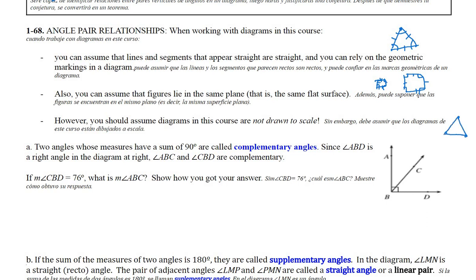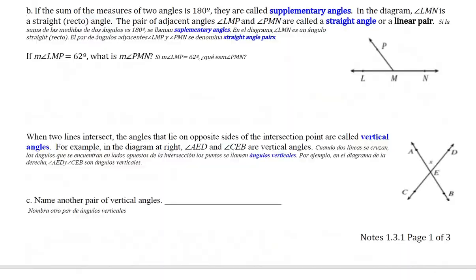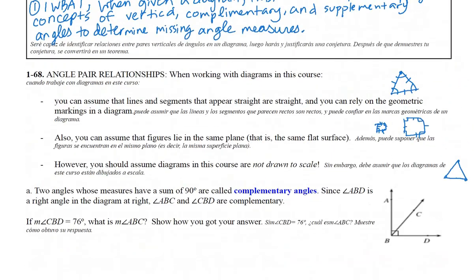Without the markings, I can't say that. I know it's a triangle, I know it has three sides, I know the sides are supposed to be straight, but unless I show you those markings that tell you the sides are the same length, you can't assume that, which is going to be important in today's lesson.